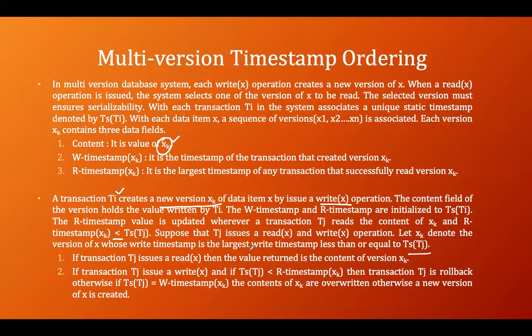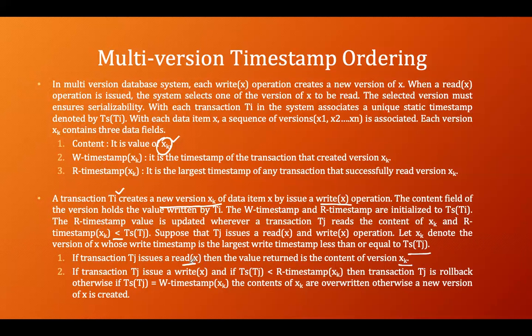If transaction TJ issues a read request, then what will happen? The value returned is the content of the version XK, right? So when TJ issues a read request, the version will be allotted.